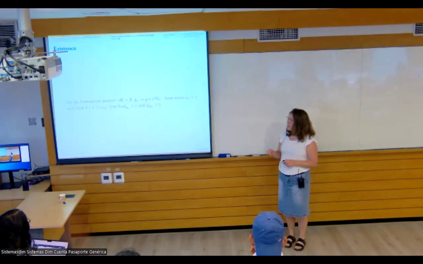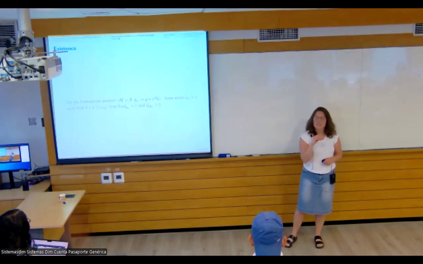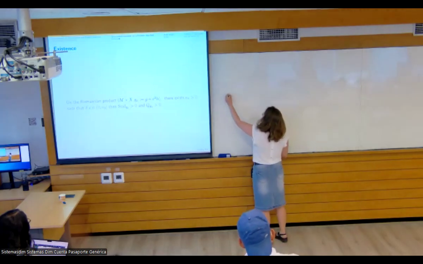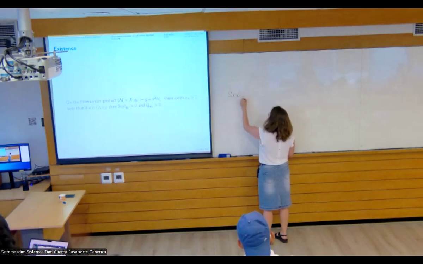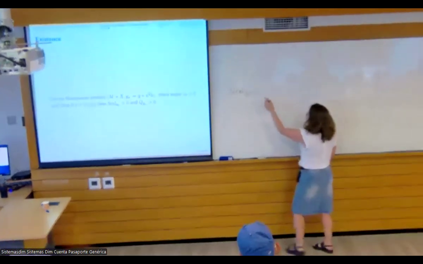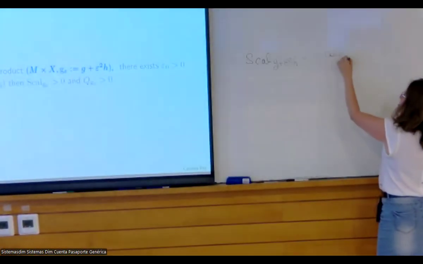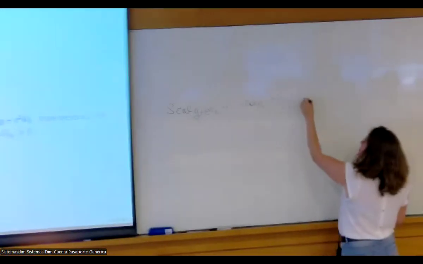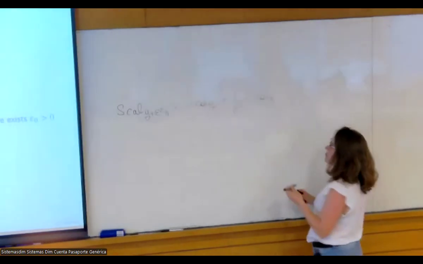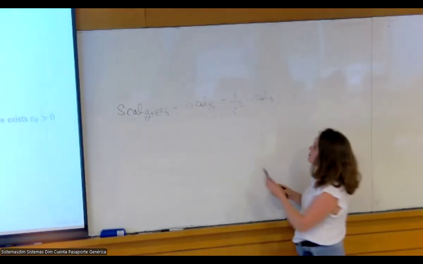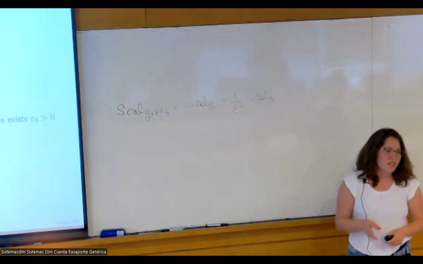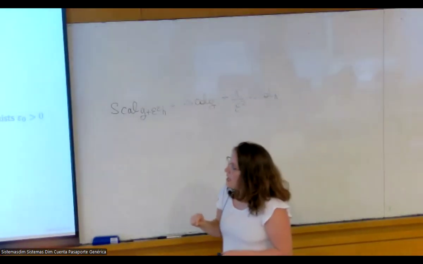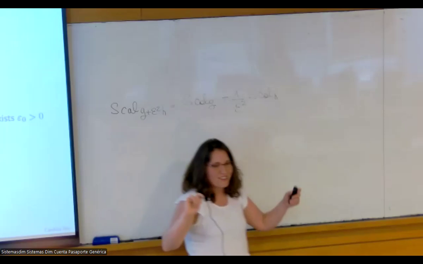So in our case, if epsilon is small enough, the scalar curvature will be the sum of the scalar curvature of the first manifold plus 1 over epsilon squared times the scalar curvature of the second one. So if epsilon is small enough and this one is positive, we can be sure that this quantity will be non-negative. And the same thing with the Q-curvature.